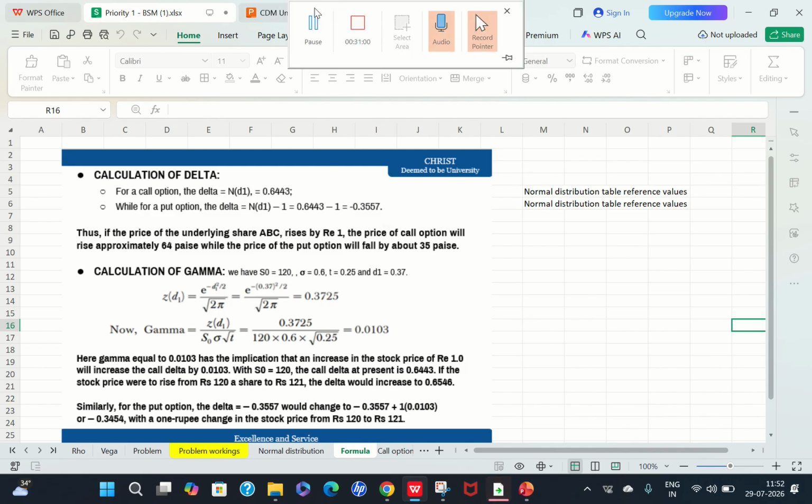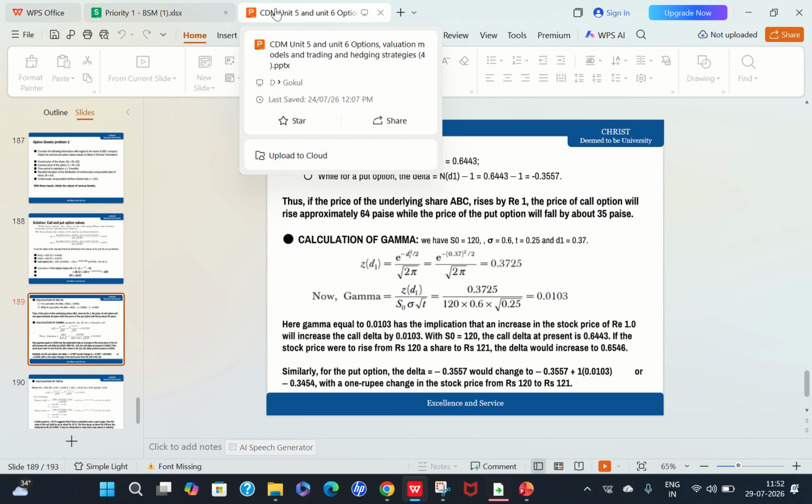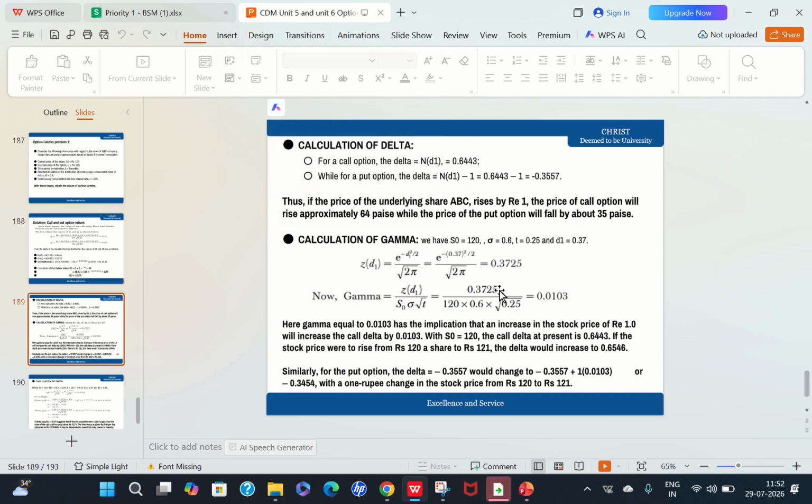So the understanding goes like this. If the price of the underlying share ABC increases by 1 rupee, the price of the call option will rise approximately 64 paise, whereas the price of the put option will fall by 35 paise. So this is the understanding.